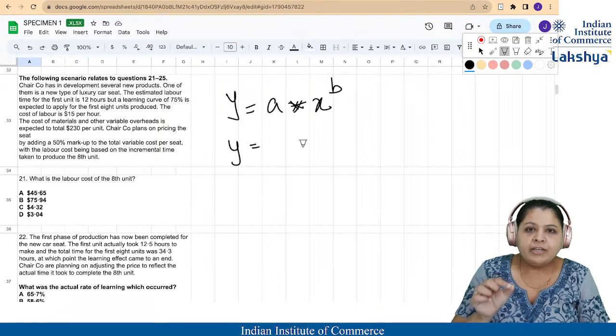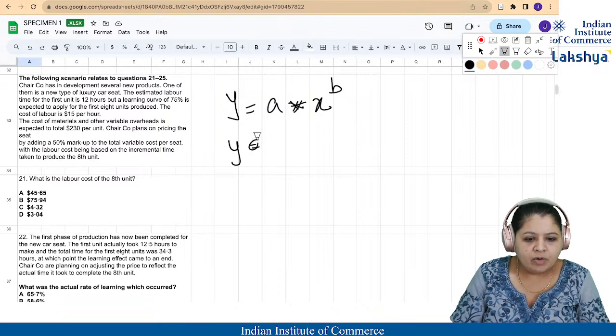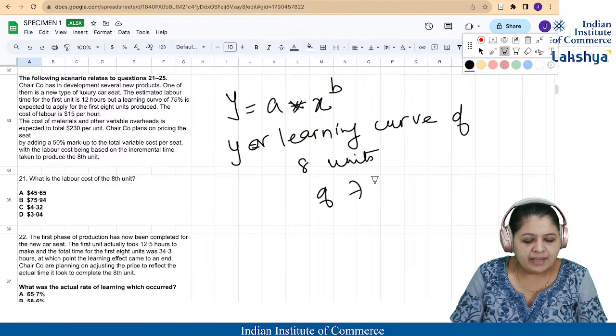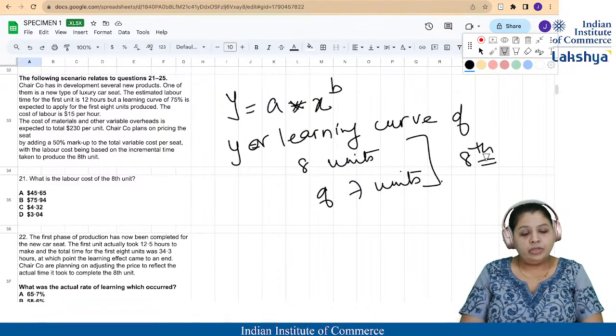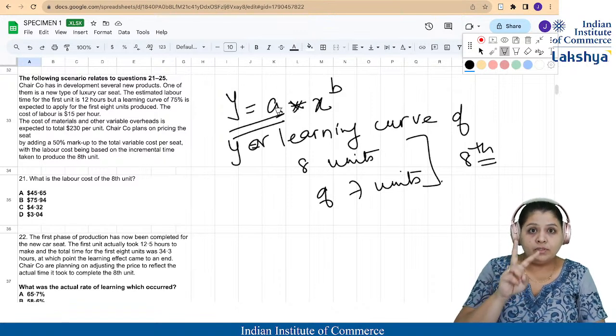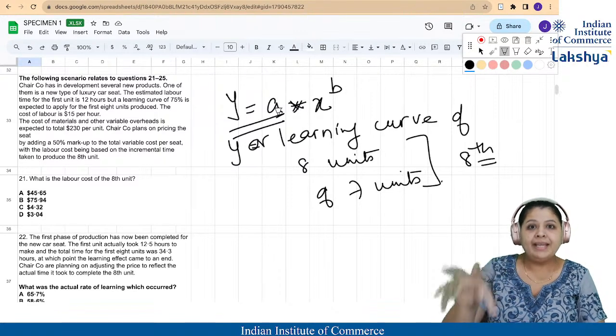For finding out the eighth unit, you need to find out the y or the learning curve of 8 units, of 7 units, and then deduct this value to get the eighth unit. So you need to use the learning curve formula for two quantities of units, 8 and 7.